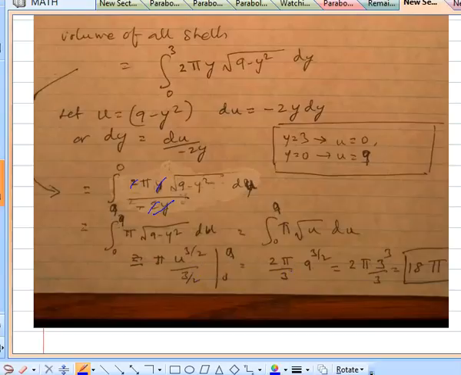So this becomes 2 over 3, and u to the power of 3 over 2 is 9 to the power of 3 over 2, and the second term is just 0. So if you simplify it, you would get 18 pi, which is the same answer that we got last time. Obviously, with either method the volume has to come out to be the same.